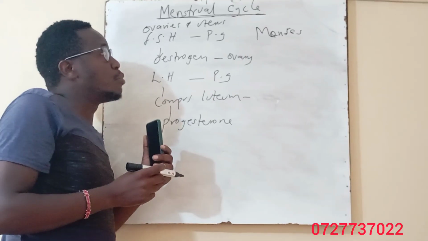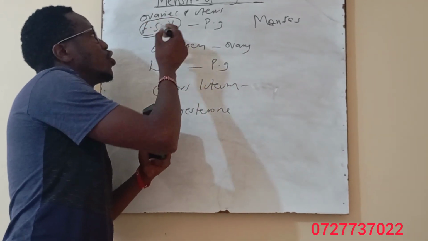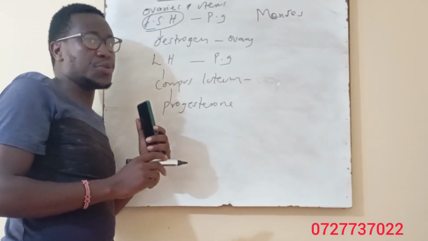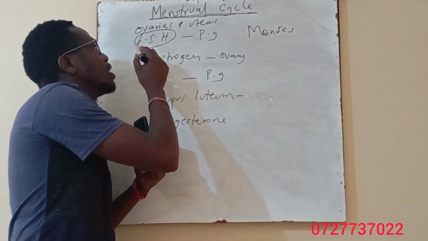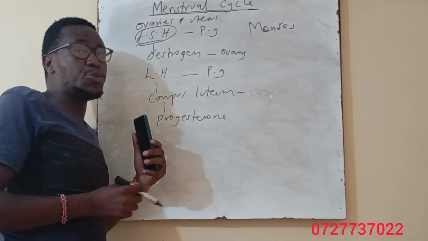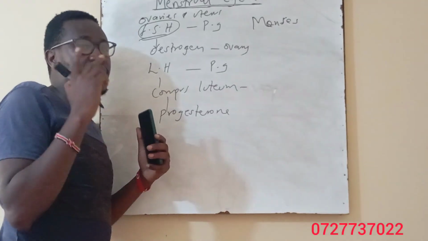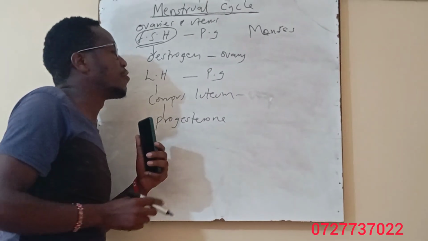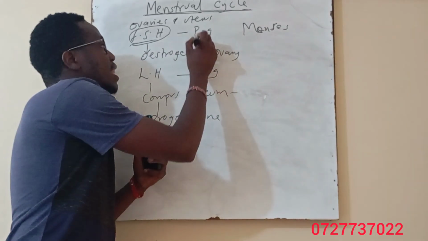After menstruation, the anterior lobe of the pituitary gland secretes the follicle stimulating hormone, which has two effects.